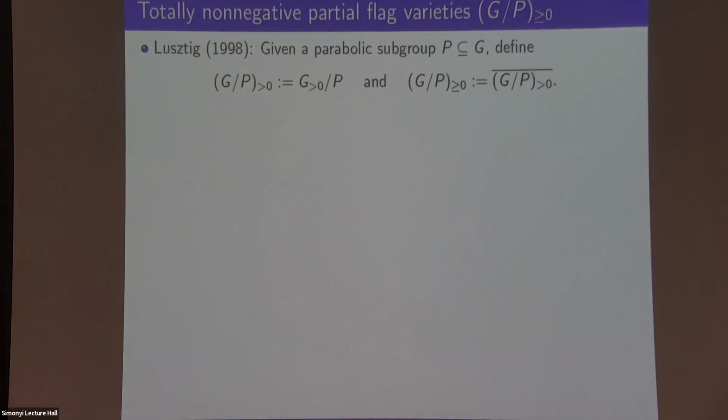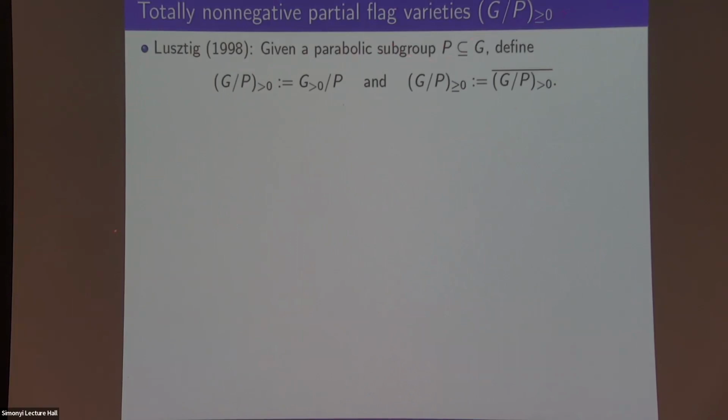So I want to talk about total non-negativity for flag varieties. So a flag variety is just G mod P, where P is a parabolic subgroup. And here we should take it to be compatible with our pinning. So it should be generated by B and some y_i's.